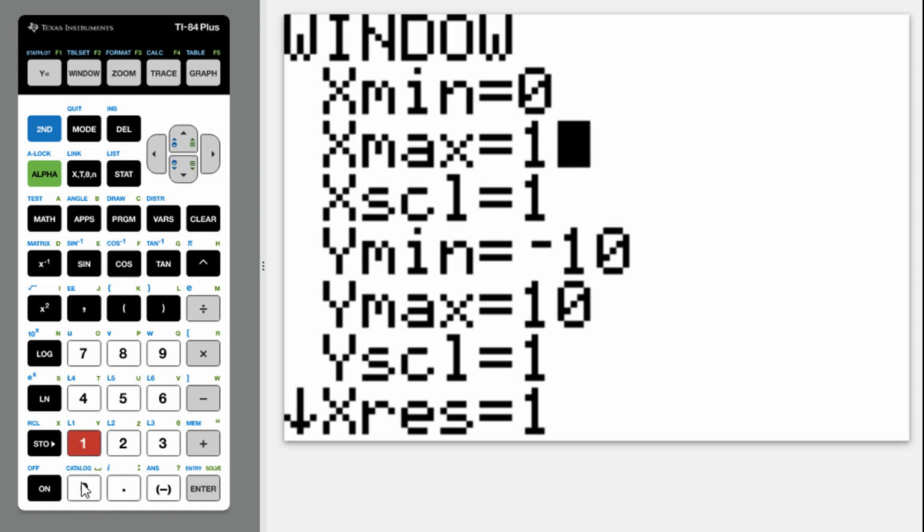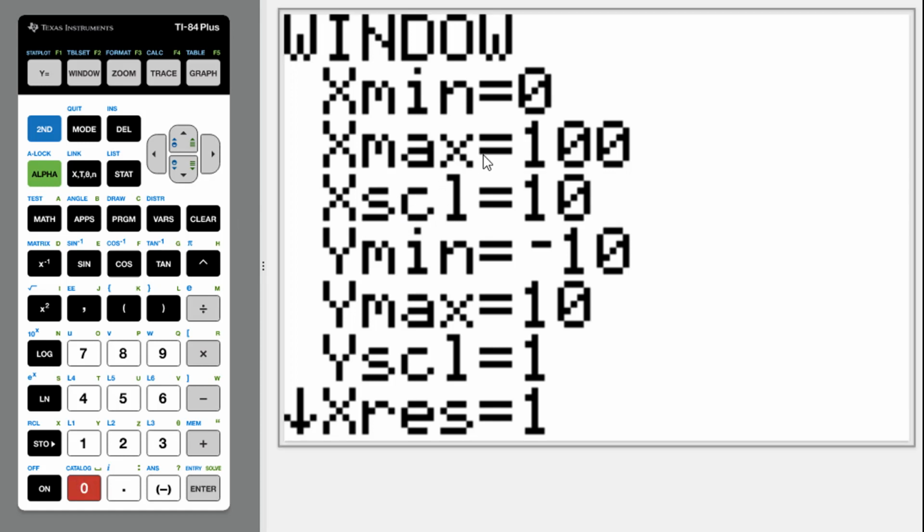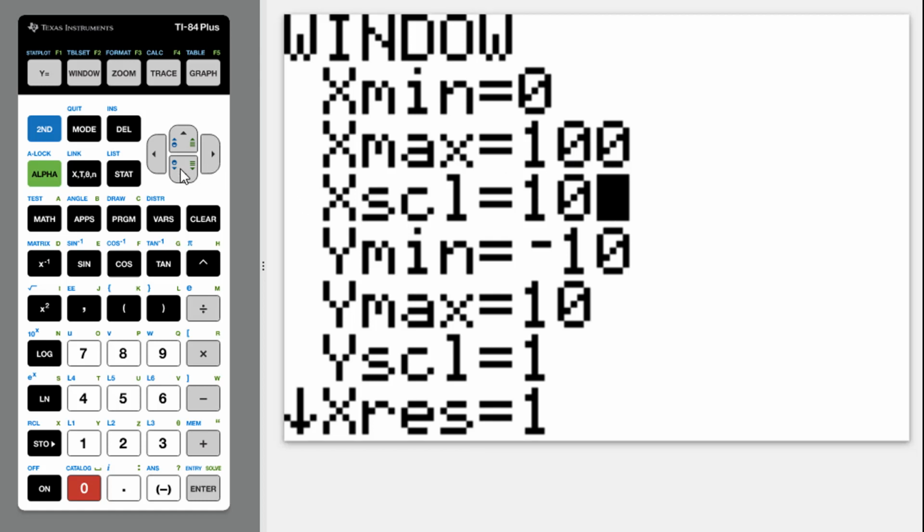Maximum, let's do 100 here. Scale is 10. For the very beginning, you just need to guess the value. We can use 100. If this is still small, you can change it into 200 and so on.